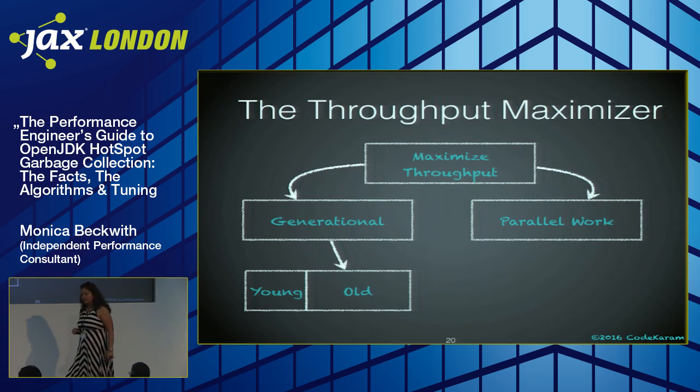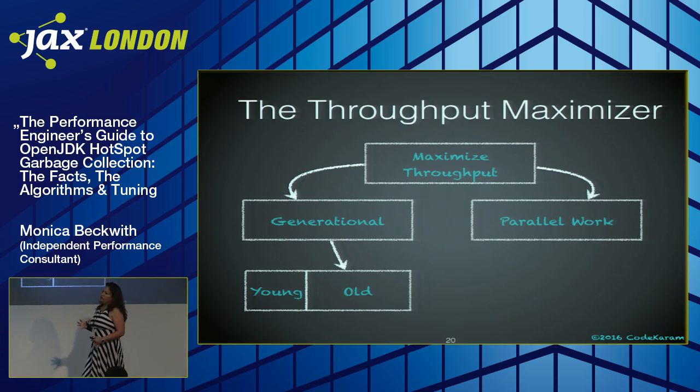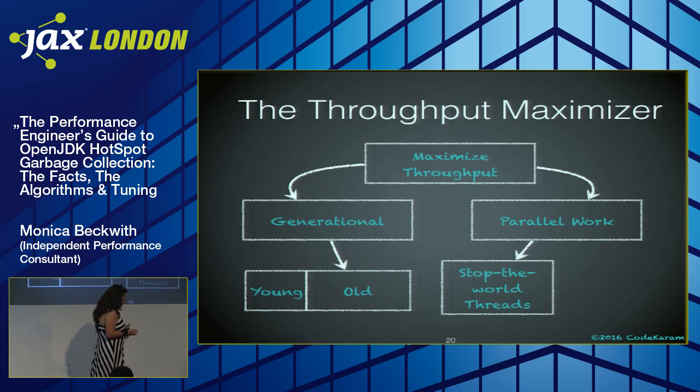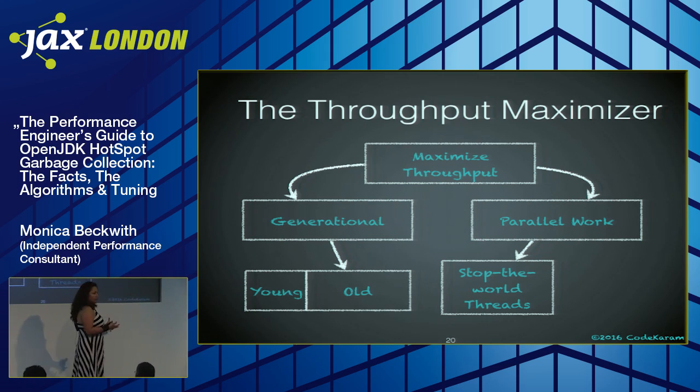There's the other aspect of maximizing throughput. We know we have stop-the-world pauses. So what we want to do is be able to do more parallel work during those stop-the-world pauses to quicken the process. So we want to add some parallel threads.